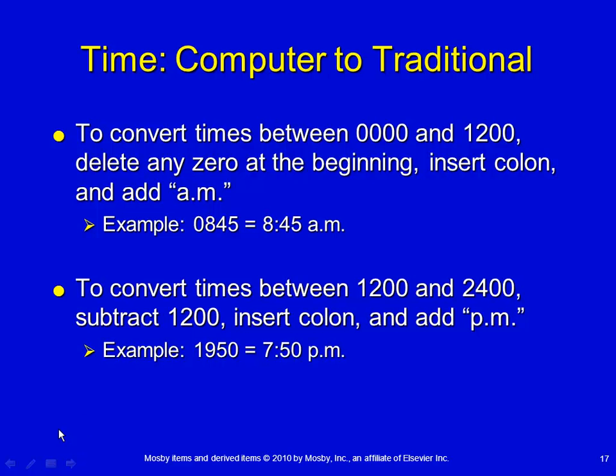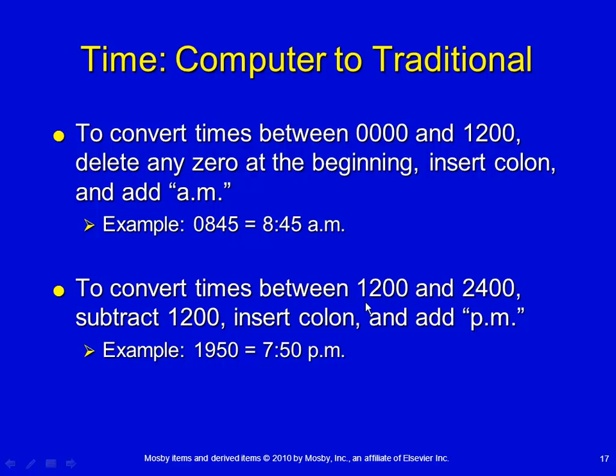To convert computer time to traditional time, for times between 0000 and 1200, you delete any 0 at the beginning and insert AM. So if you were going from military time, or they're now calling it computer time, you delete the 0 and put a colon before your minutes.